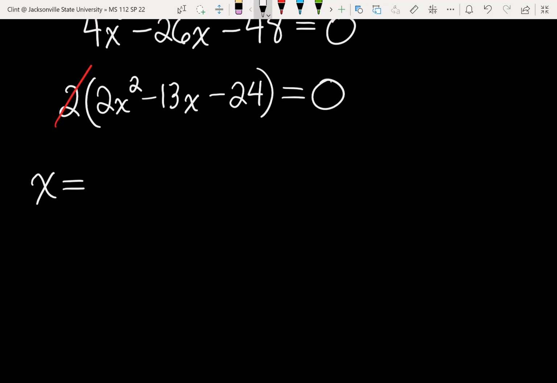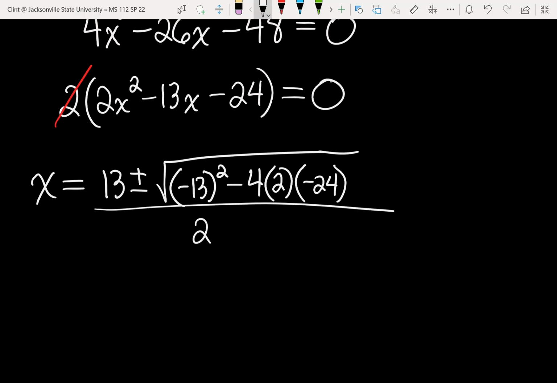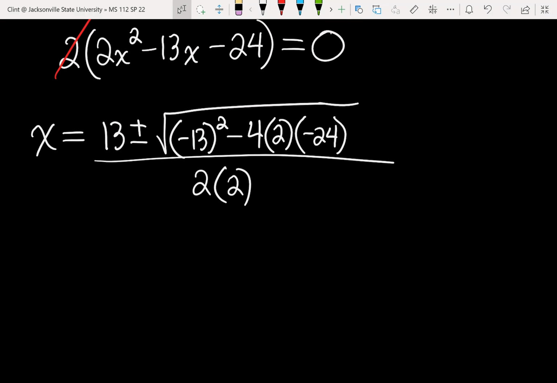do quadratic. So opposite of b, plus or minus square root of b squared, minus 4 times a, which is 2, c, which is negative 24, all over 2a, so 2 times 2. Numbers are a little bit big, but they're better than they would have been if we didn't factor that 2 out.